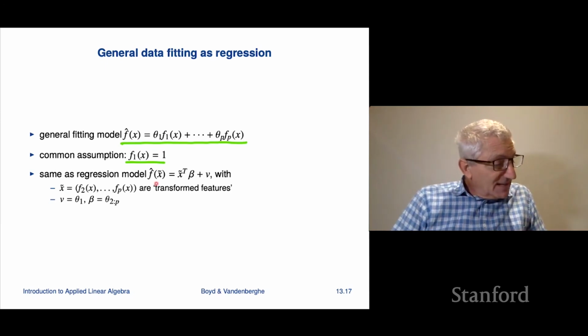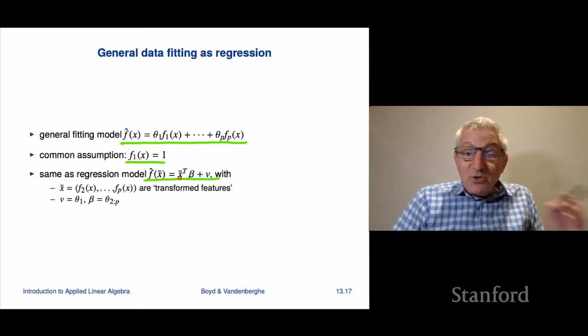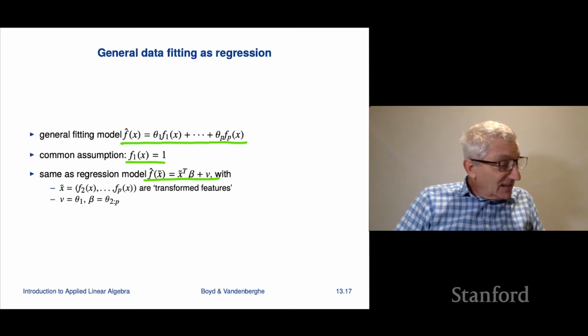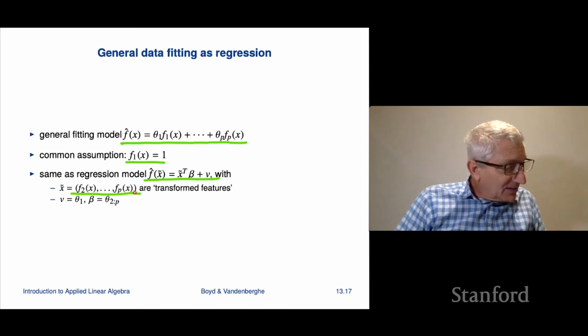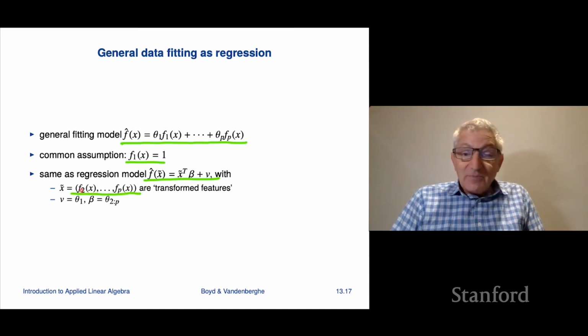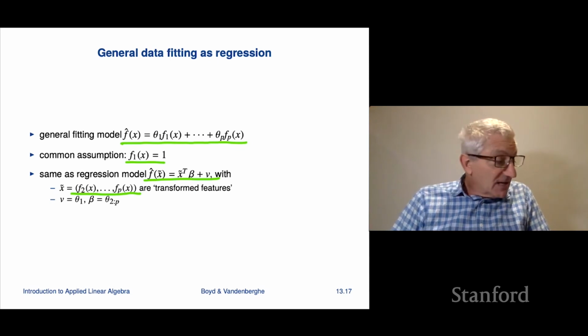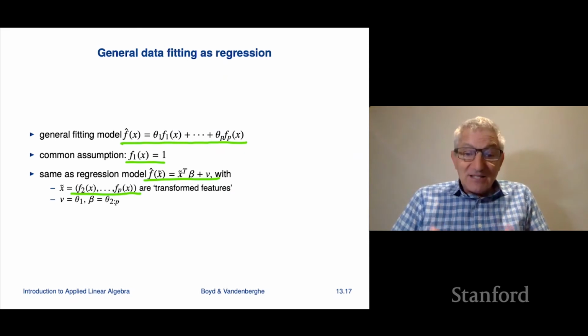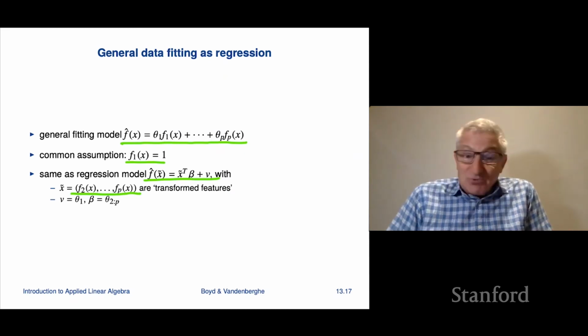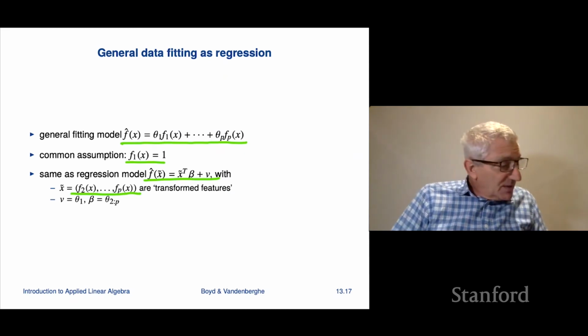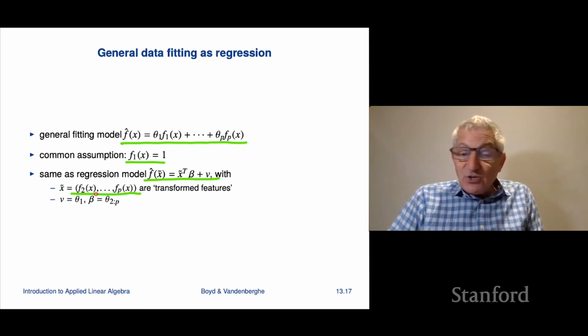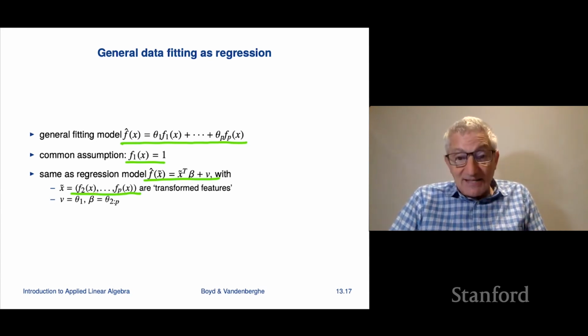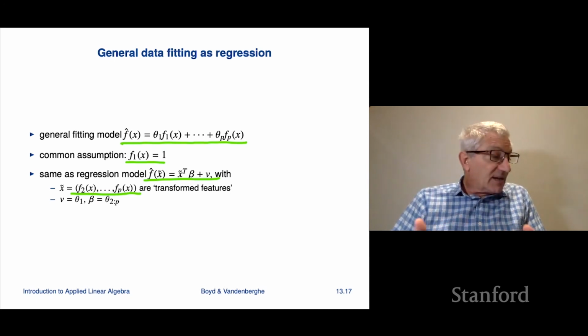Now, we can think of this thing as a regression model, but not using x. Actually using this other vector here, which is f2 of x up to fp of x. And we think of those as transformed features. So the point is that our general model can be thought of as just regression. But what we do is we think of the f's as transformed features or feature mappings or something like that. And that's another way to think of how we do this kind of general fitting.